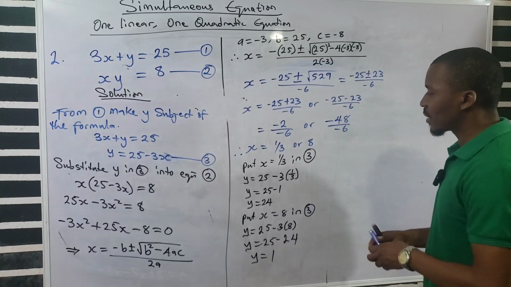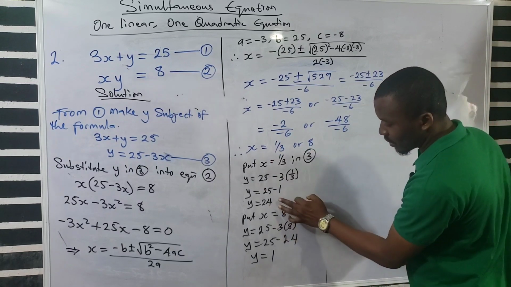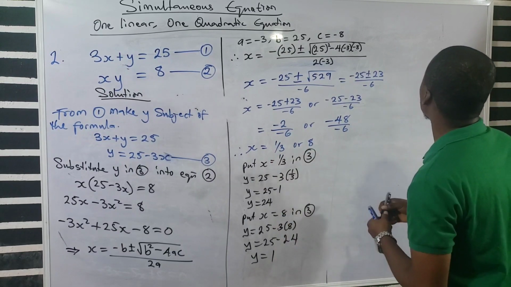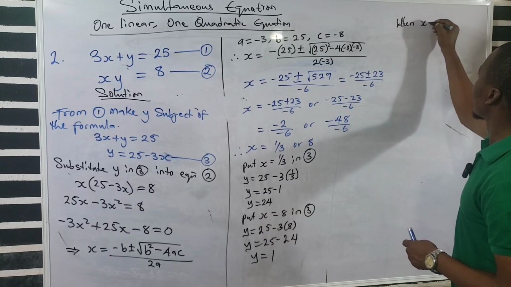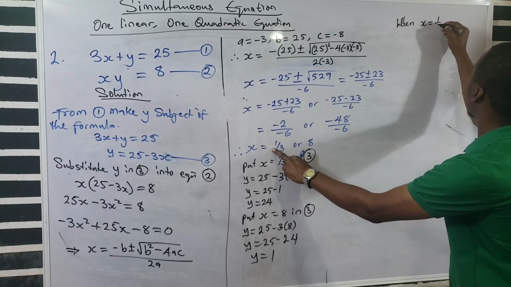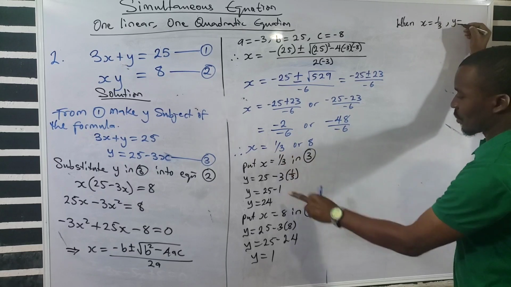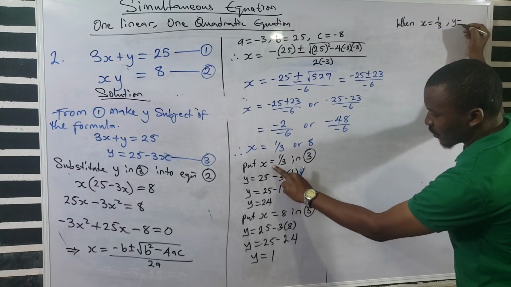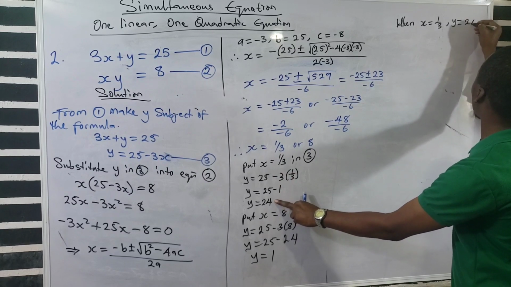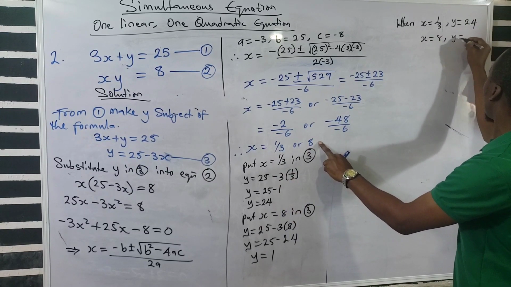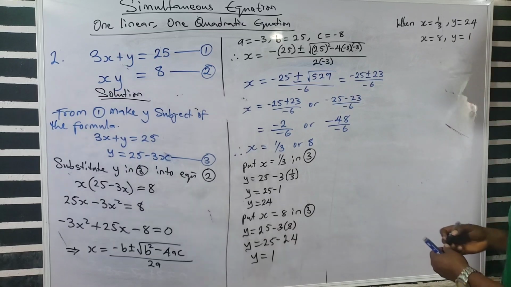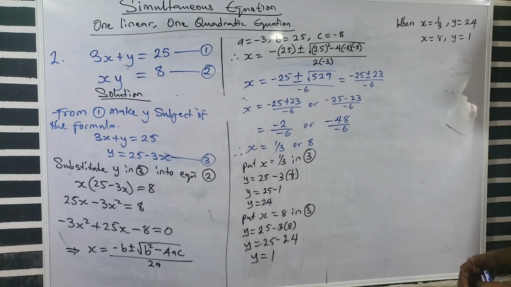So we have gotten the two values of x and we have gotten the two values of y. So let's conclude our answer here. When x equals 1 over 3, y equals 24. And when x equals 8, we got y as 1. So we have seen how we have solved that type of question.